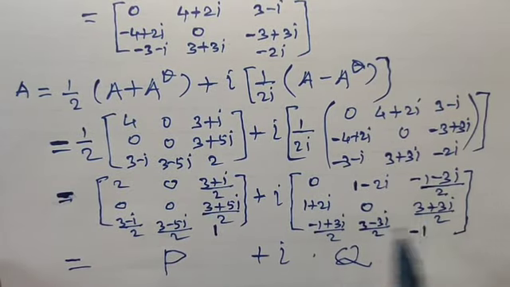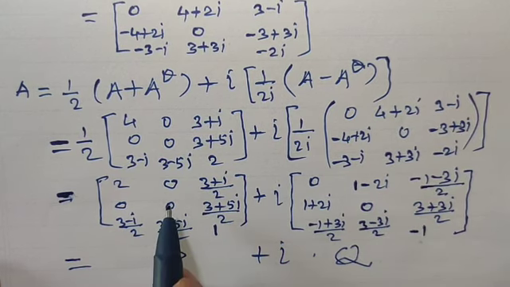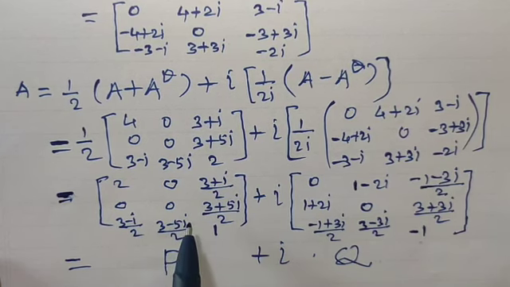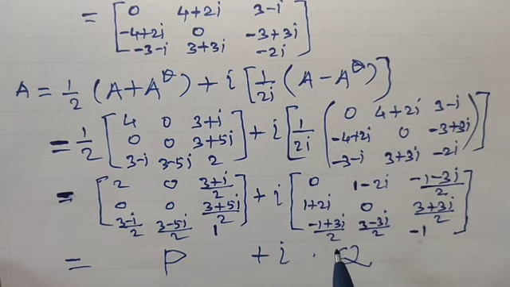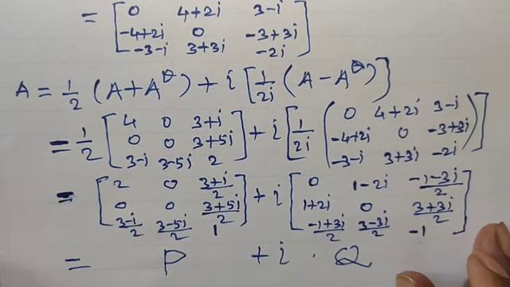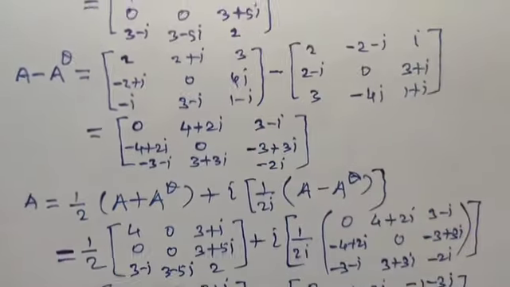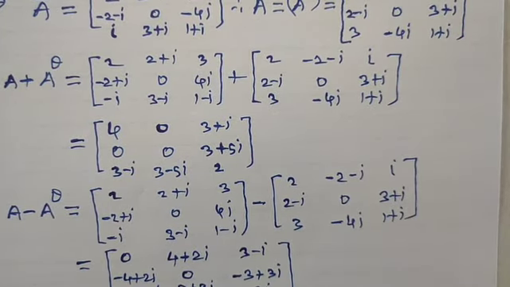You can verify the condition of Hermitian matrices for this matrix. This matrix also will be Hermitian matrix because this will also satisfy the condition of Hermitian matrices. So square matrix A is expressed in terms of P plus iQ. Okay, thank you all.